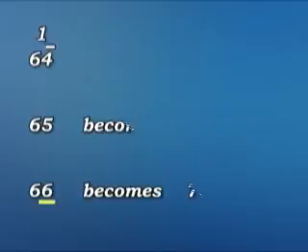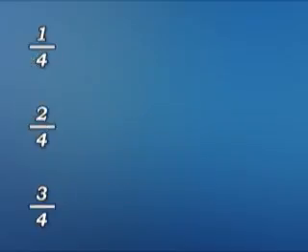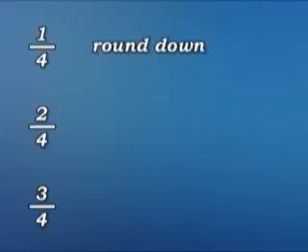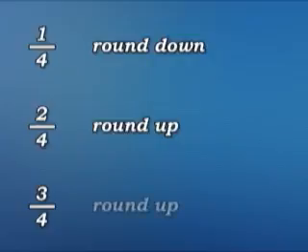And the same applies to fractions. For example, a quarter, round down. 2 quarters, that's the same as a half, round up. 3 quarters, that's more than a half, round up.